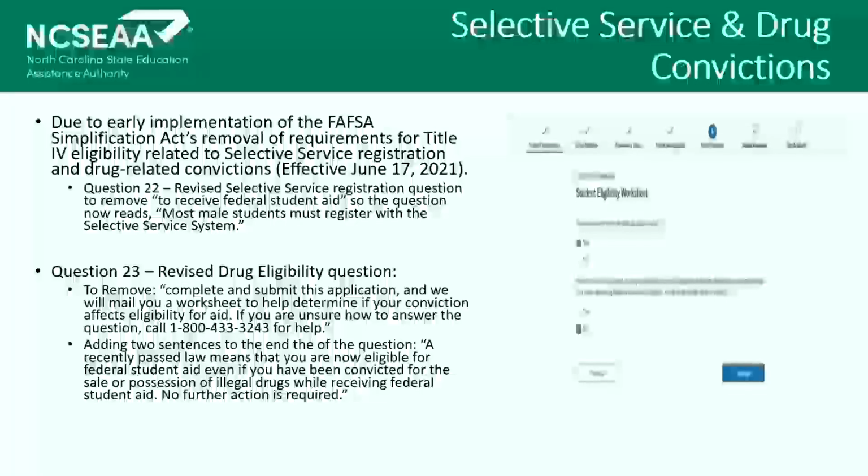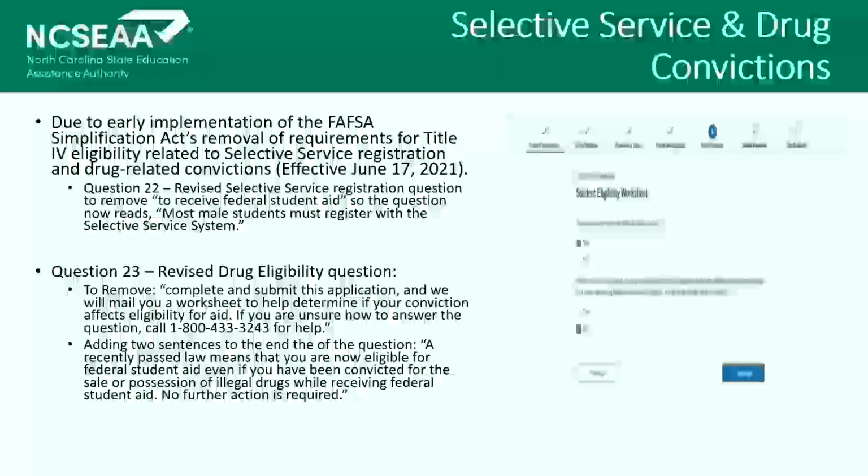If that student answered yes to that question, it did prompt the student to complete a worksheet to help them determine if their conviction affects their eligibility for aid. And again, based on the Simplification Act earlier this year, that has now been removed from the application.